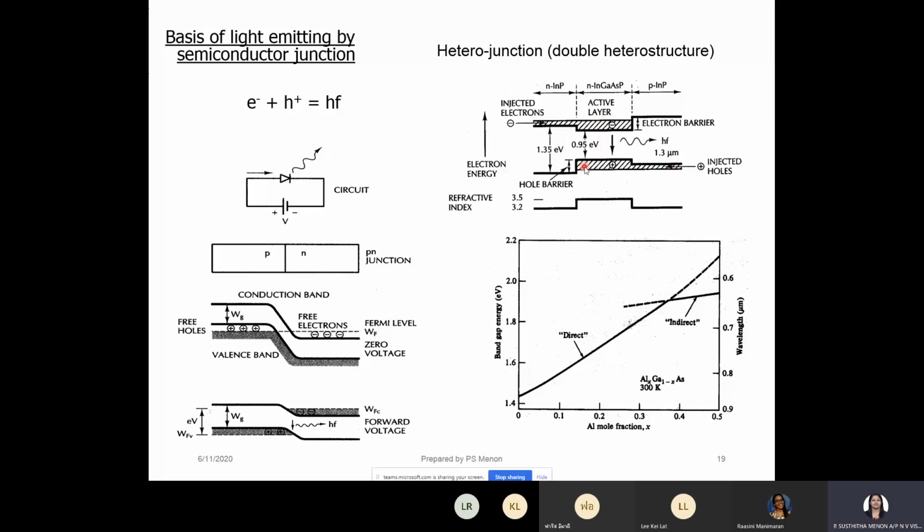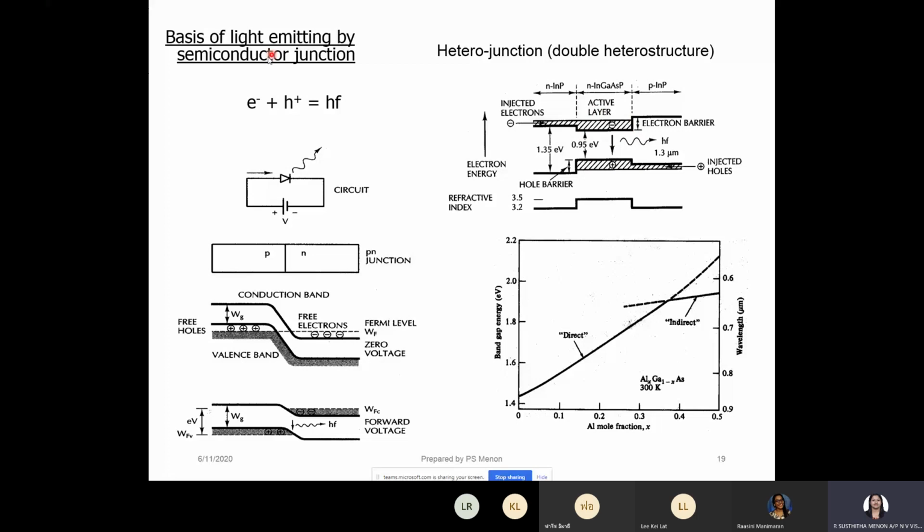So there are two things here. The first is the band gap energy. You need to make sure that the active layer has a smaller band gap energy. The second is the light. How do you constrain light to remain inside the active layer? We call this carrier and light confinement. How do you capture the carriers, and how do you capture the light?